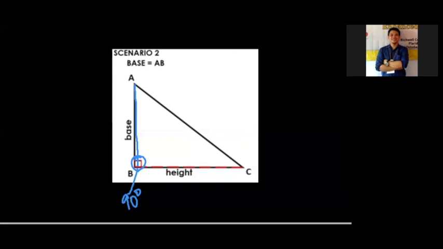You'll notice that this height is different from the height of the triangle a while ago. It is because we changed the base.